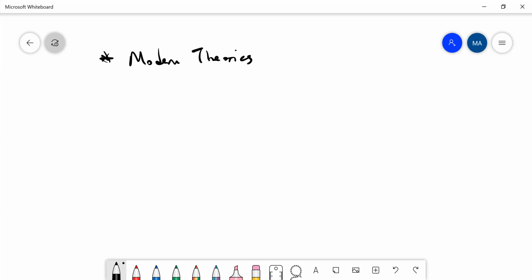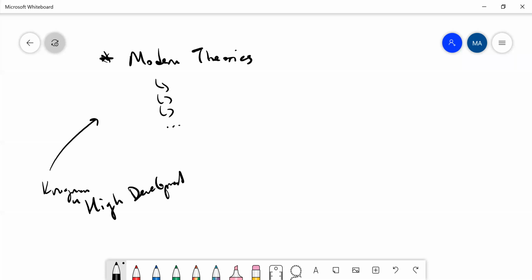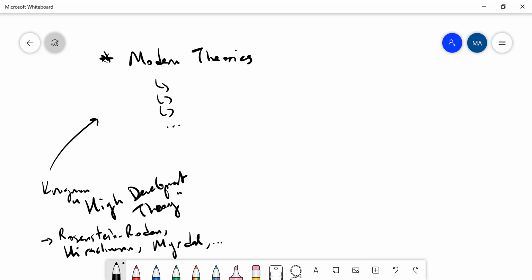Those modern theories, we will have a couple of them, and there will also be some historical roots. So what Krugman calls high development theory. The names are Rosenstein-Rodan, Hirschman, Myrdal, and people like this.